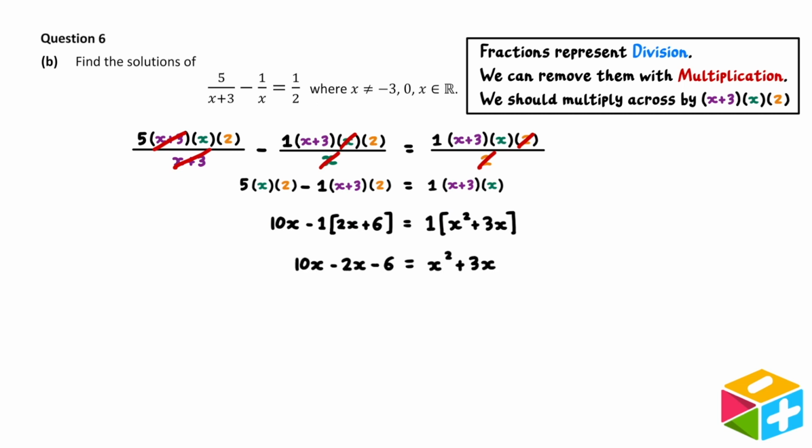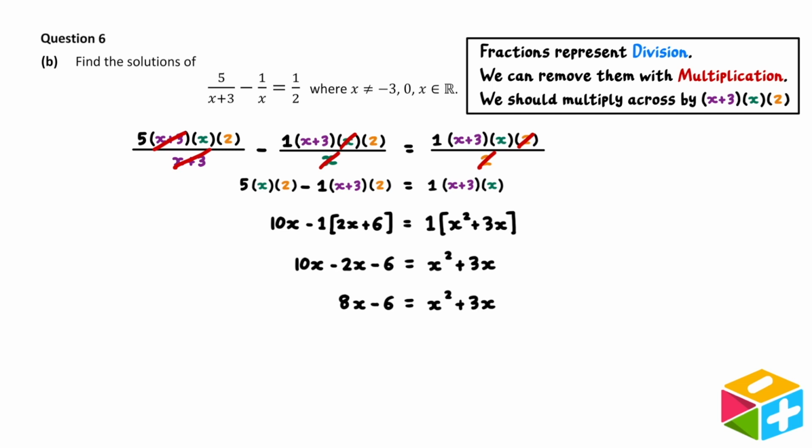Now we can multiply out further. Minus 1 times 2x is minus 2x, and minus 1 times plus 6 is minus 6. On the right-hand side, 1 times x squared plus 3x simply gives us back x squared plus 3x.